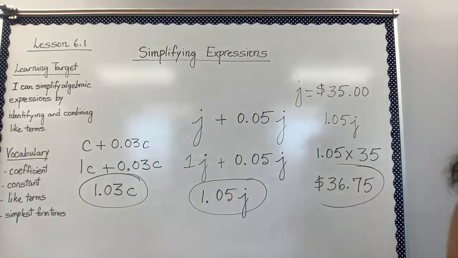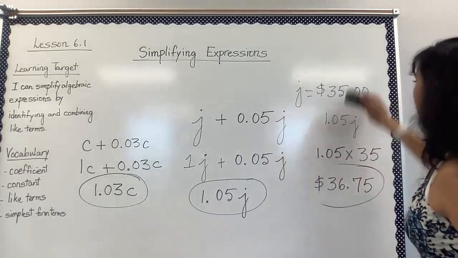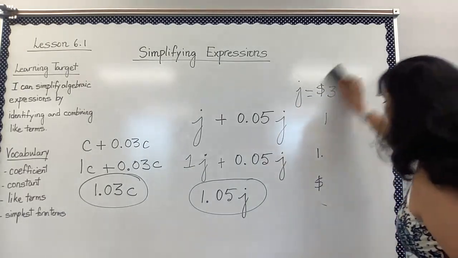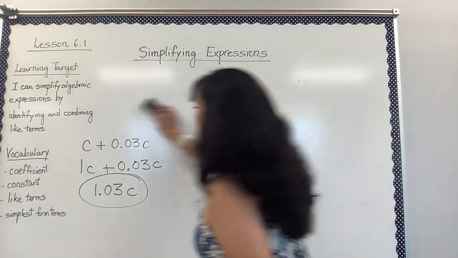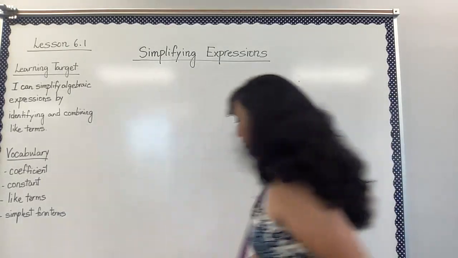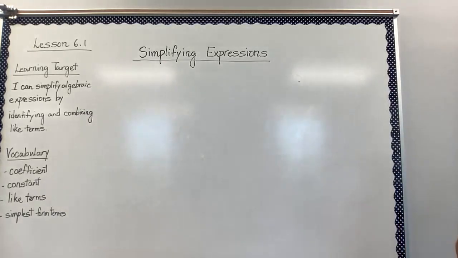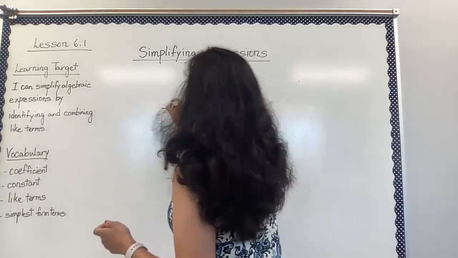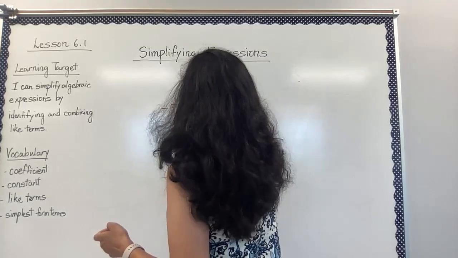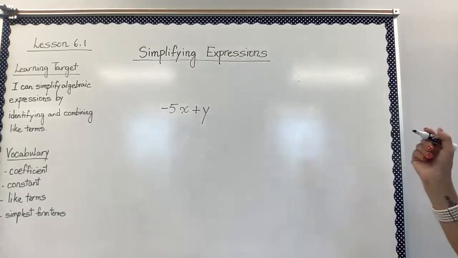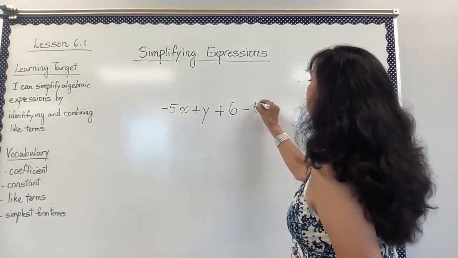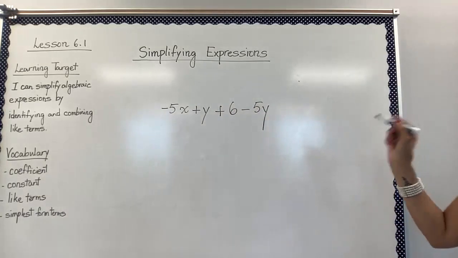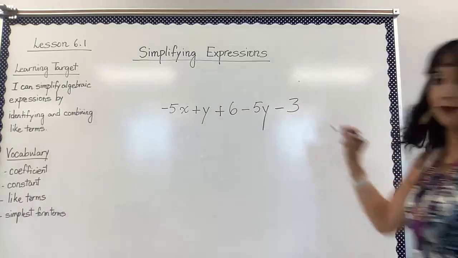All right, so let's combine like terms now and simplify numbers with different signs. Okay. So let's say I have a problem, negative 5x plus y, okay, minus, no, plus 6 minus 5y minus 3.